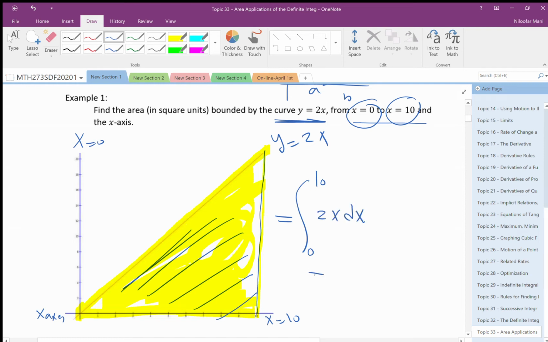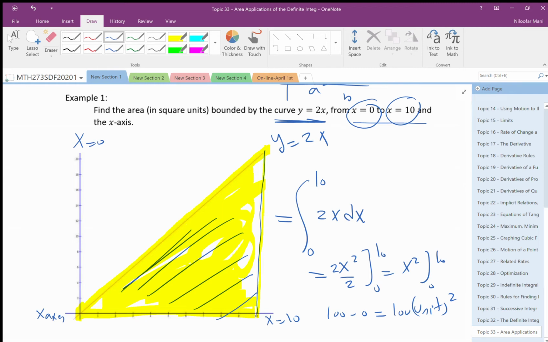It's x squared, because I have 2x, so 2x squared divided by 2 from 0 to 10, which is x squared from 0 to 10, which is 100 minus 0. So it is 100 unit squared because it's area. Area is 2 dimensions, so I need unit squared. What's the reason I don't say centimeter squared or meter squared?